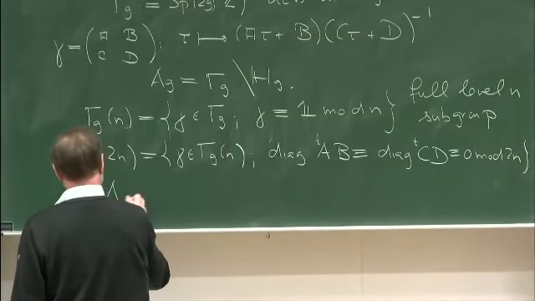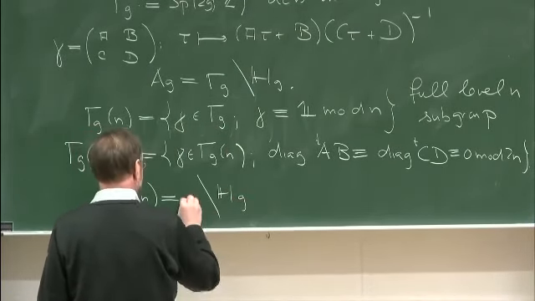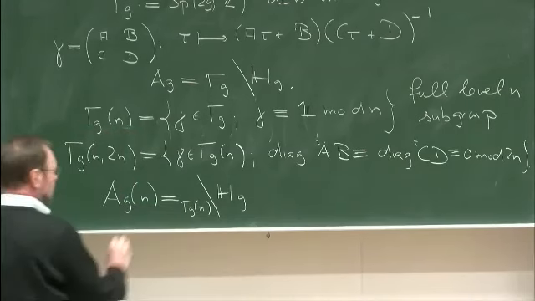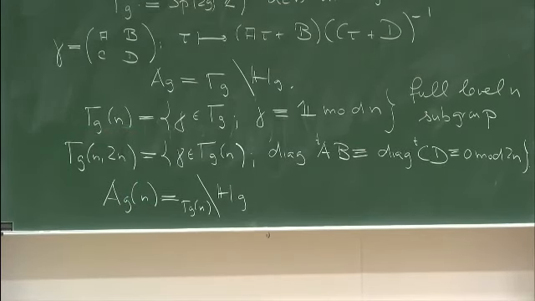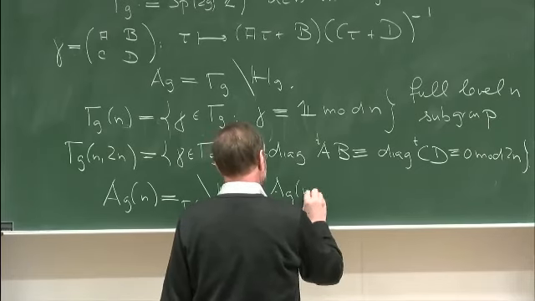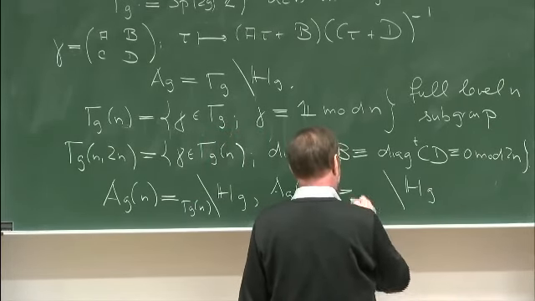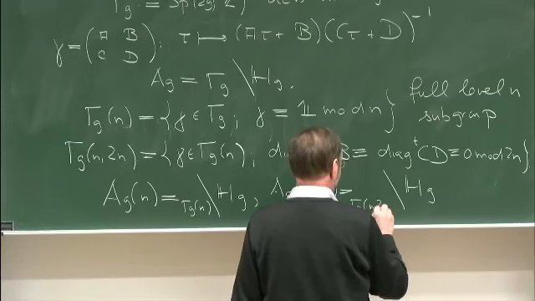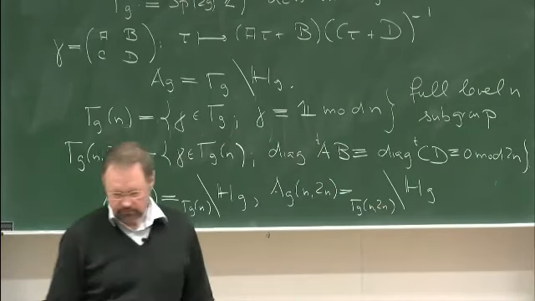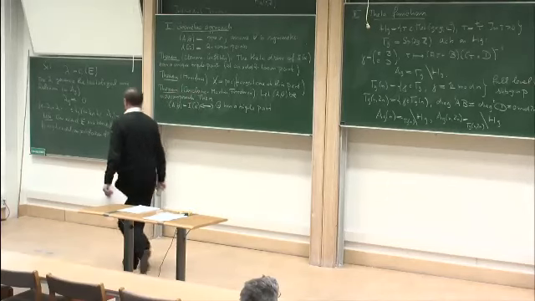And we look at the quotients, say A_g(n), H_g by this full level group, and similarly A_g(n, 2n), which is H_g by gamma_g(n, 2n). Okay, continue here.